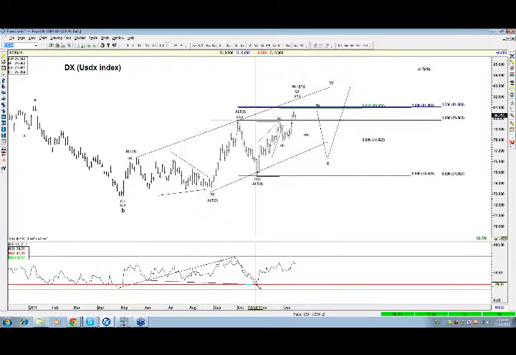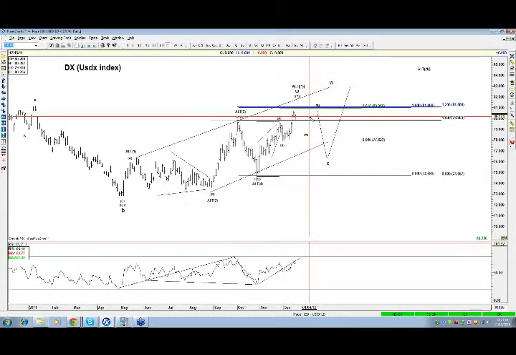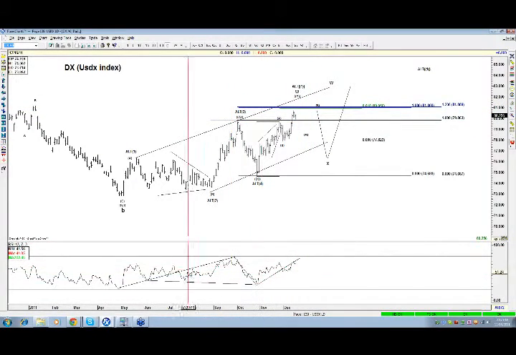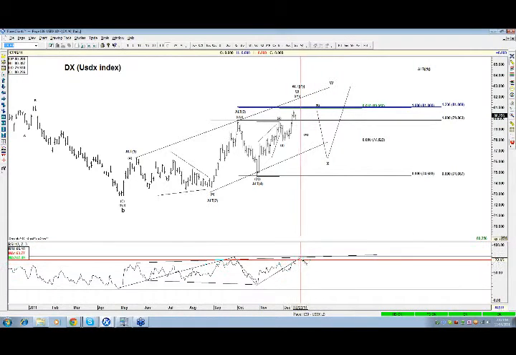Now, right here, the question is, I see technically either the triple zigzag or I see that a cycle into a double zigzag is coming to the end around the 81 area. I don't know which one you guys like. I see this trend line in the RSI. The market should soar the dollar around that trend line, like I said the other day.